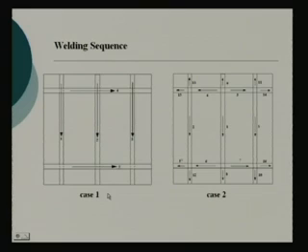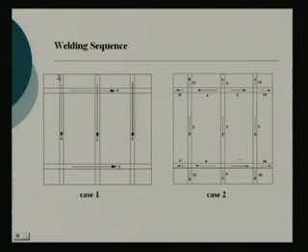Once all the 3 stiffeners are welded, then I go and weld the 4th transverse and the 5th one. So, here what is happening, right from one end I am starting and finishing at the other end of individual stiffeners. These arrows show the sequence of welding.